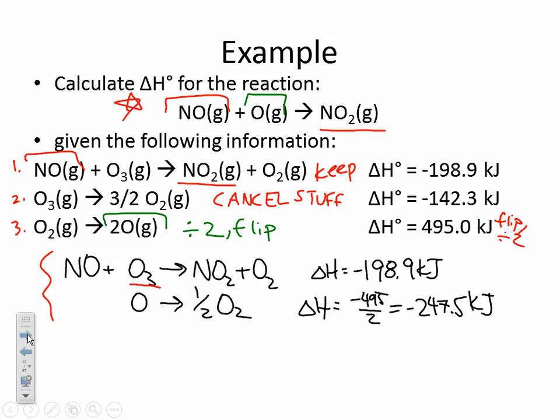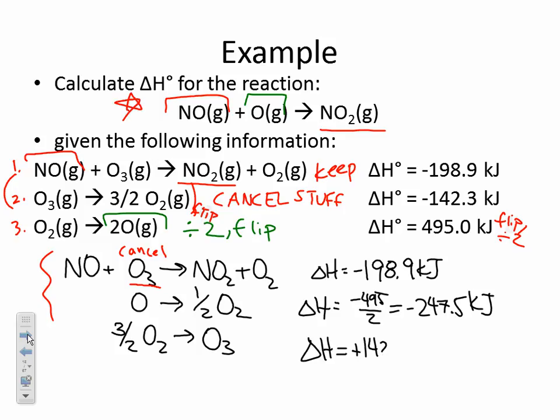And if I need to cancel the O3, then I need the O3 on the right-hand side. So I'm going to have to flip this to get the O3 on the right-hand side. So if I flip that reaction, I'm just going to rewrite that flipped around here. Then my delta H value is going to be positive 142.3. Sometimes you need a reaction not necessarily to give you things, but to cancel out stuff that you know you don't need.